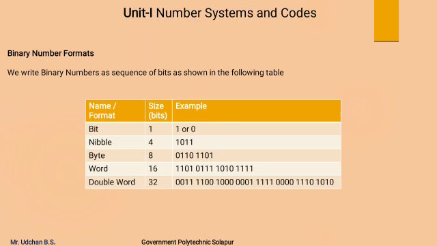Next, a word has a size of 16 bits, or in other words 2 bytes together form a word. Next is the double word, which has a size of 32 bits. In other words, two words together form a double word.